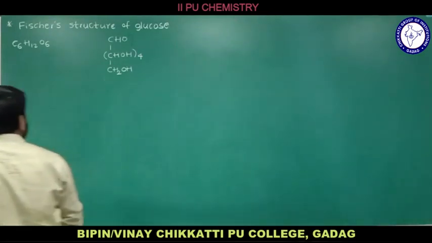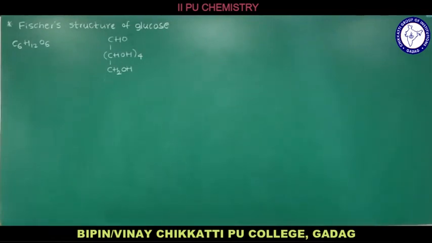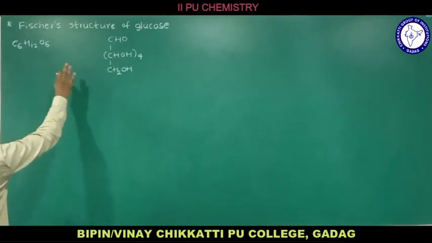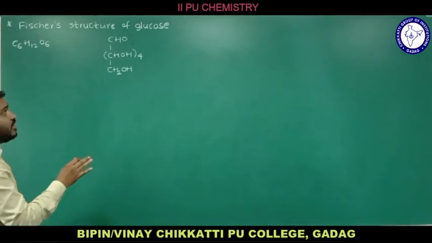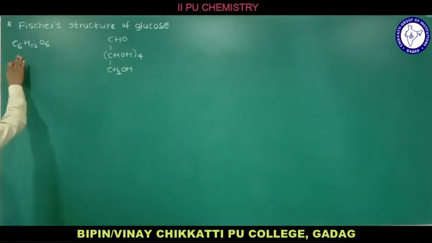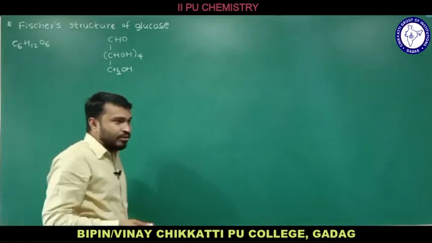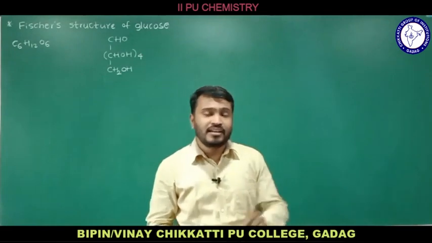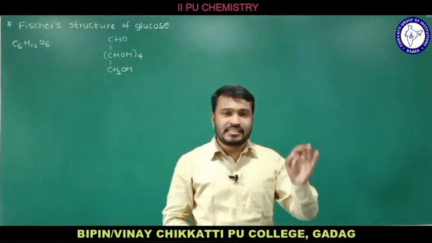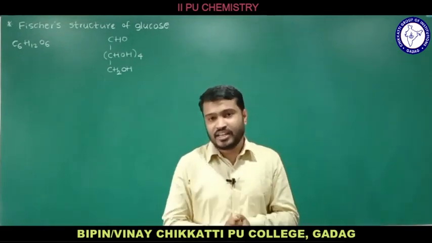So Fischer's open chain structure of glucose I am going to draw here. Just see how I am going to draw it. From these concepts, we know that glucose has 6 carbons, 12 hydrogens and 6 oxygens. If you recall the elucidation of the structure of glucose, we came to know that glucose contains 6 carbon atoms in a straight chain, isn't it?